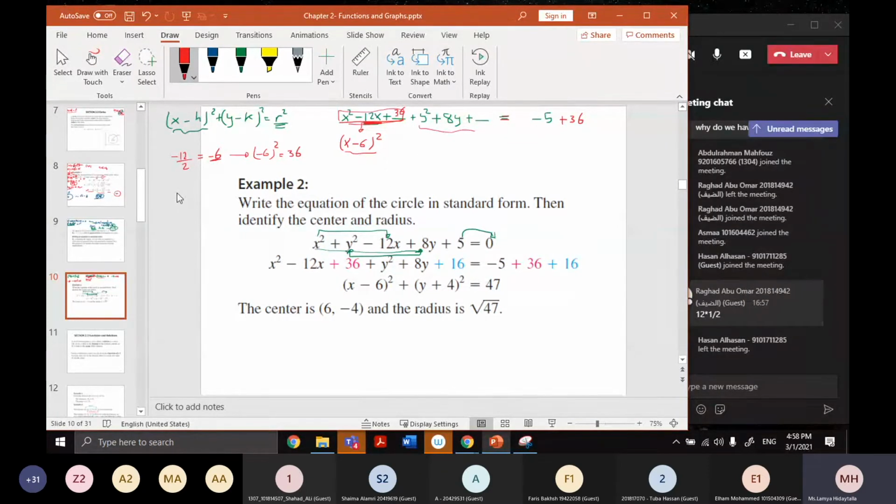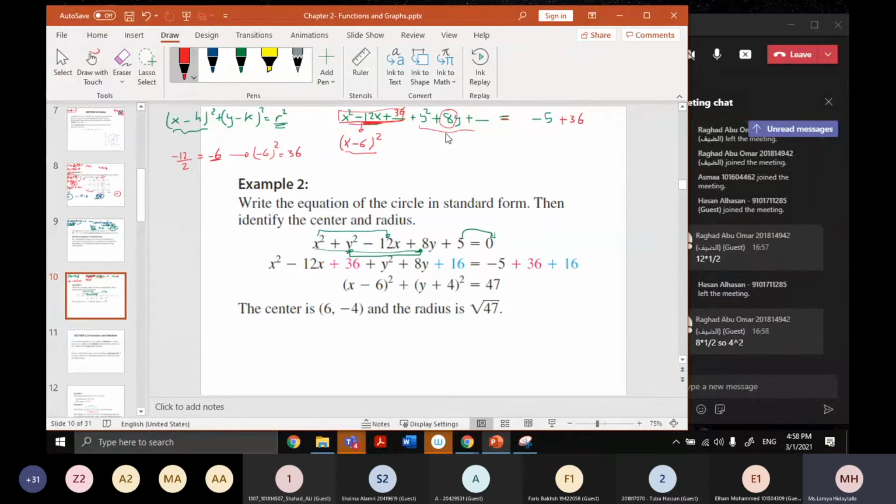So what am I going to add? Also this term, this is twice the first times the second. The first is 4 times the second, which is y. So my second is 4, meaning 8 over 2, this is equal to 4. And then 4 squared is equal to 16, correct?